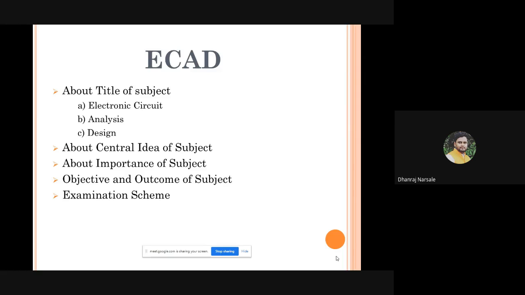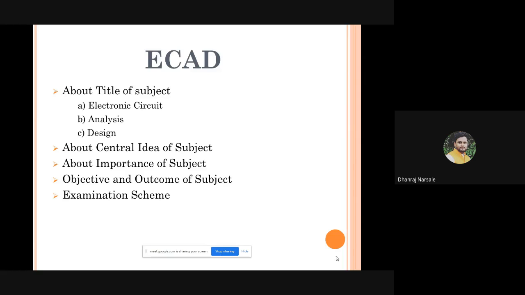The electronic circuit is the combination of various electronic components such as diode, transistor, resistor, capacitor, inductor. And those various electronic components are connected with the help of connecting wire or the PCB tracks, printed circuit board tracks.